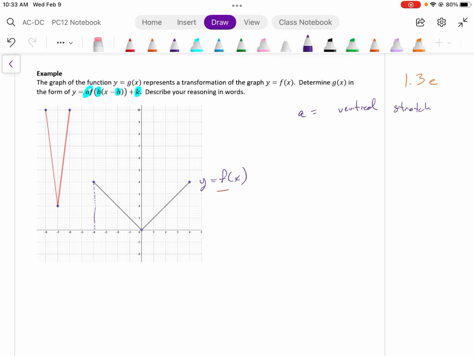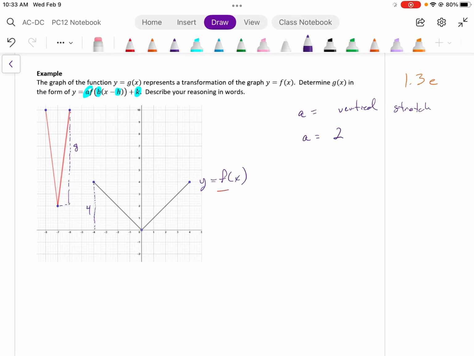The verticalness of my f of x is 4, the height, if you want, but the change over here now goes from 2 to 10. This is 8. So it appears to me that A is equal to 2. F would be stretched by a factor of 2.